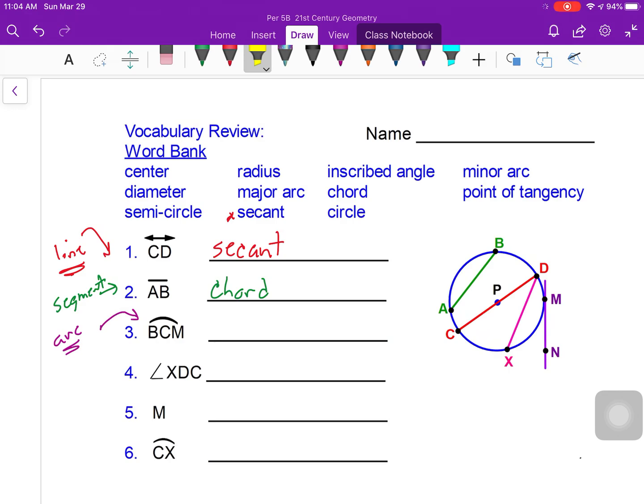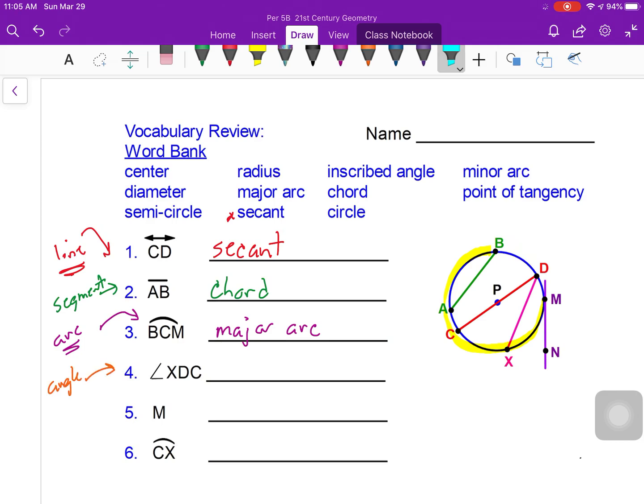It goes from B through C to M. So that one would go from here all the way around to here. We can see that that's clearly more than 180, more than half of a circle. So that would be called a major arc.